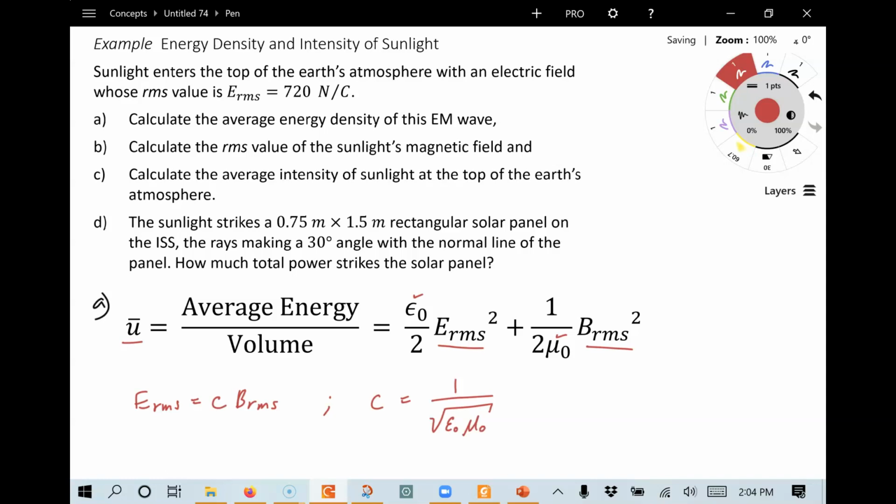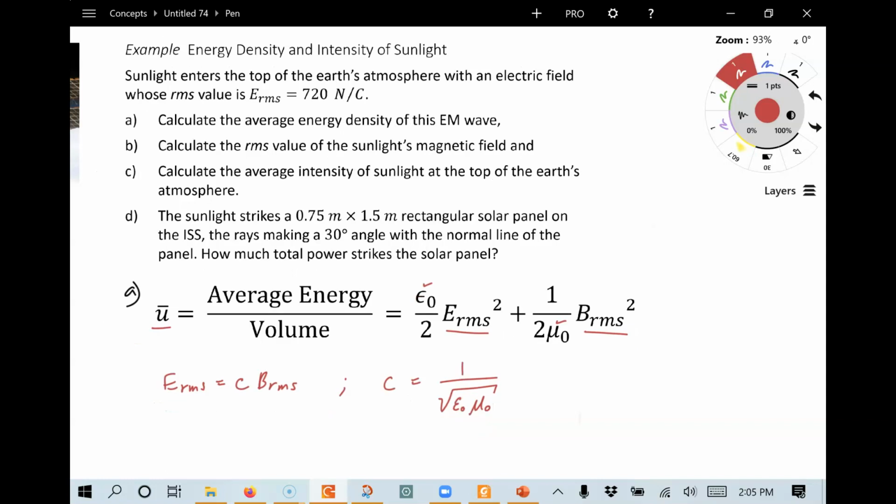And so that in itself is interesting, that these two constants, one for electricity, another one for magnetism, put together, give you the speed of light in a vacuum. Now let's go ahead and simplify this a little bit.